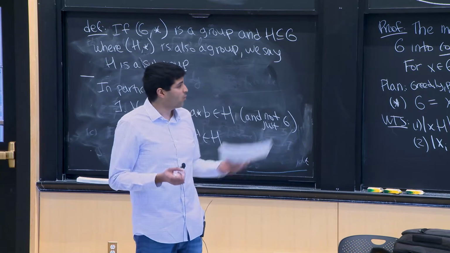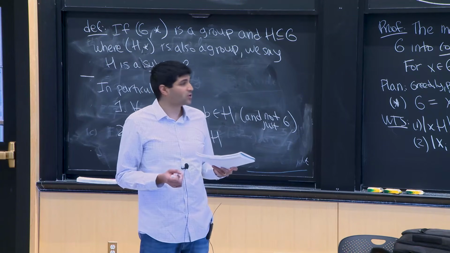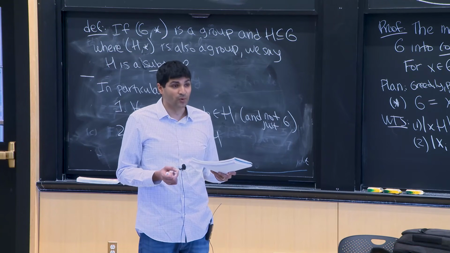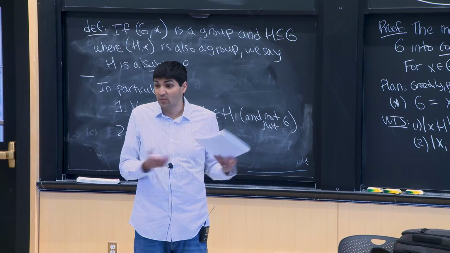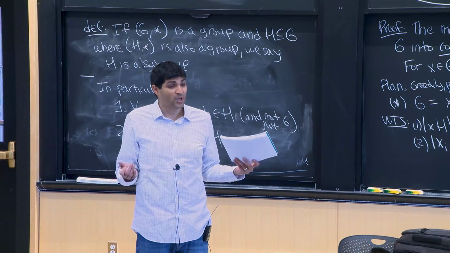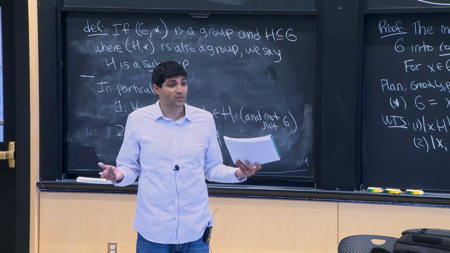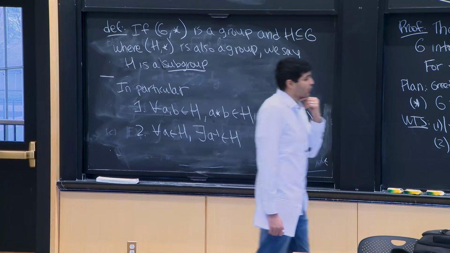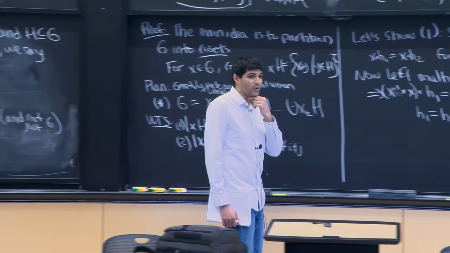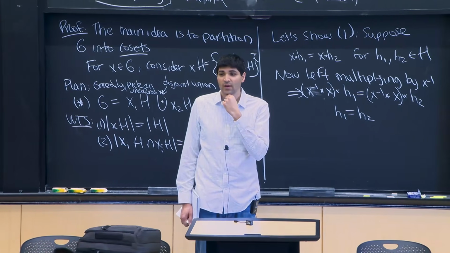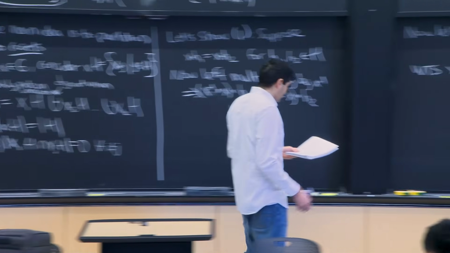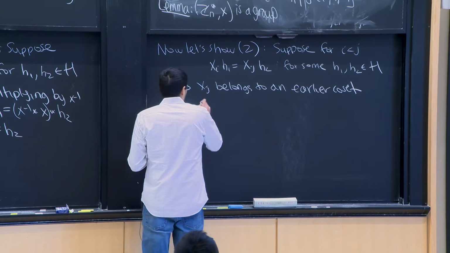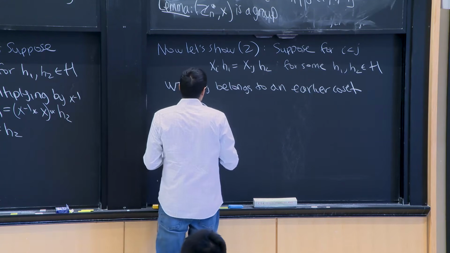So what should I do to this expression, xi h1 equals xj h2, to derive an expression where xj belongs to the coset of xi? What about right multiplying by h2 inverse? Okay, so let's see what happens. Let's right multiply by h2 inverse.